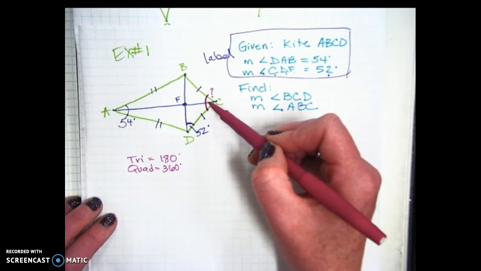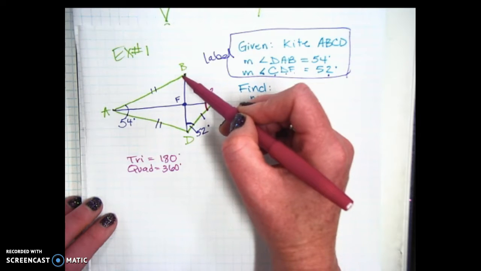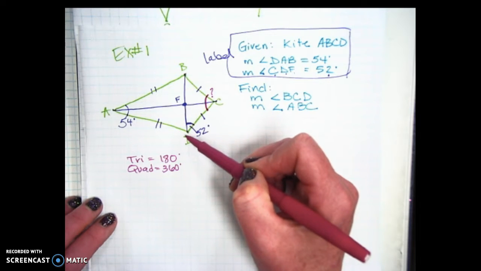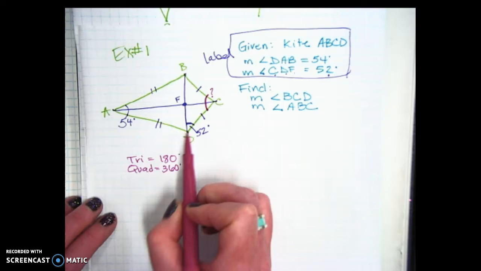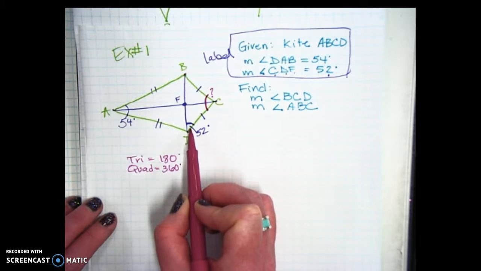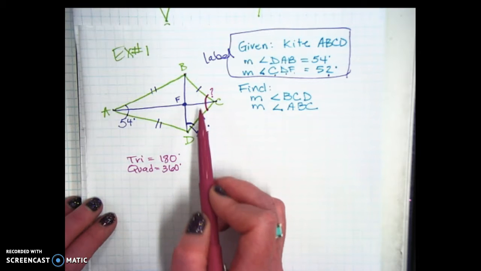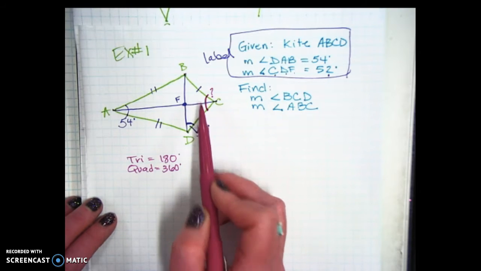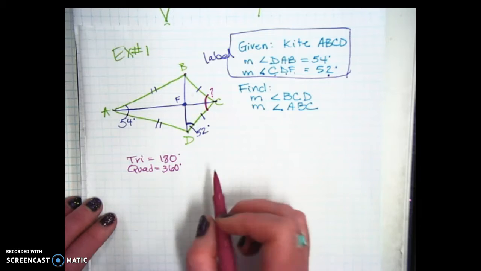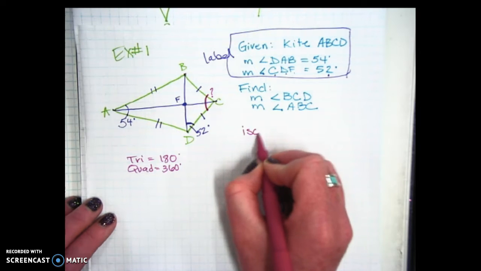You guys see the triangle? This triangle with this side BC, this triangle side BD, and this triangle CD. And we know this angle right here, and we happen to know that this side is congruent to this side, which makes it a what kind of triangle? Isosceles. You guys see the isosceles triangle in there?